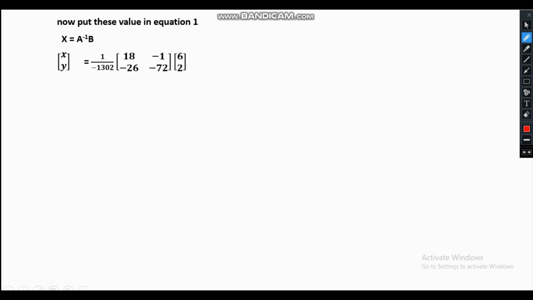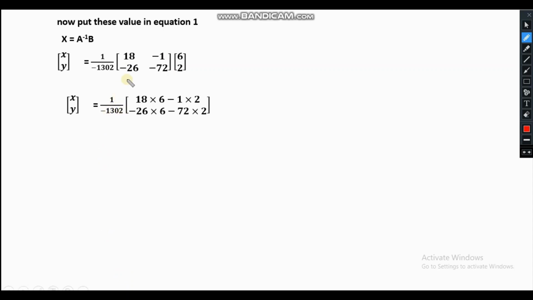So we know that the value of x is equal to this array, the inverse of A, and the value of B is 6 and 2, a column with 6 in the first row and 2 in the second row. Now we multiply the two matrices in this form. So 1 divided by minus 1302 stays as it is.